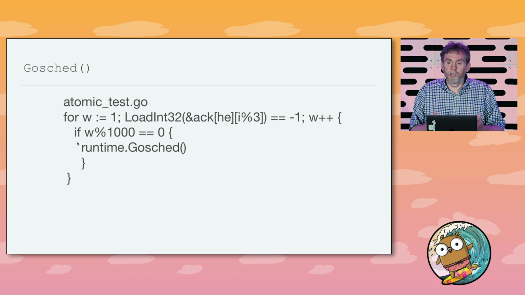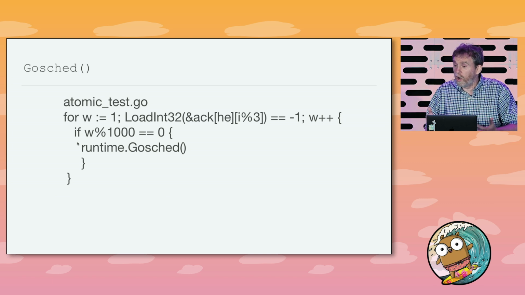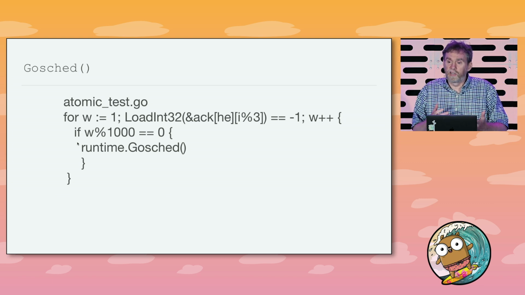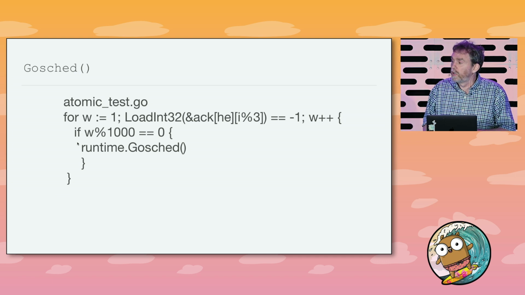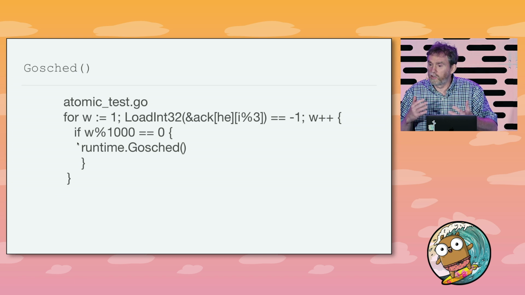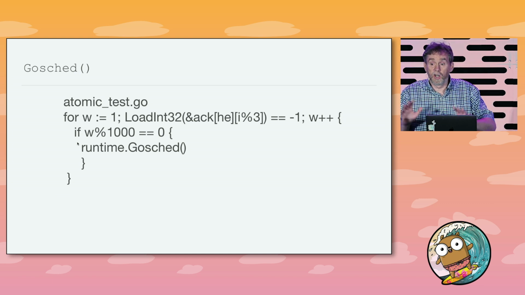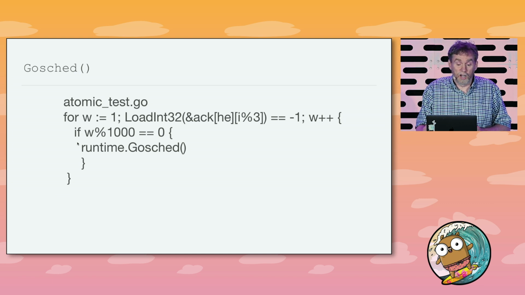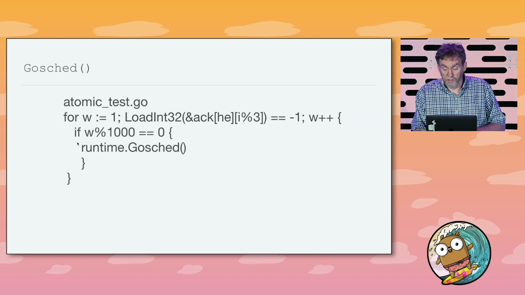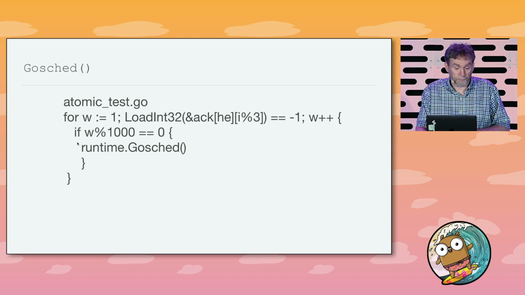The idea is, suppose you have a CPU-bound algorithm, but you don't want it to hog the CPU. You want at some points to just let go and let something else do something. In this test, it's important to let something else run because it wants to test a certain case. So what's it do? Every 1,000 steps, it runs Gosched to ensure that other things run, and it doesn't do this tight loop without other things running.